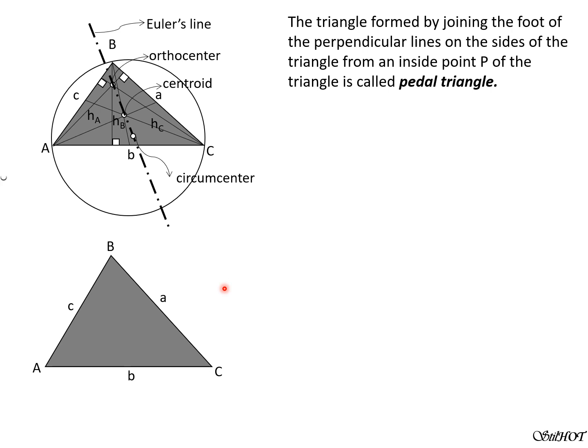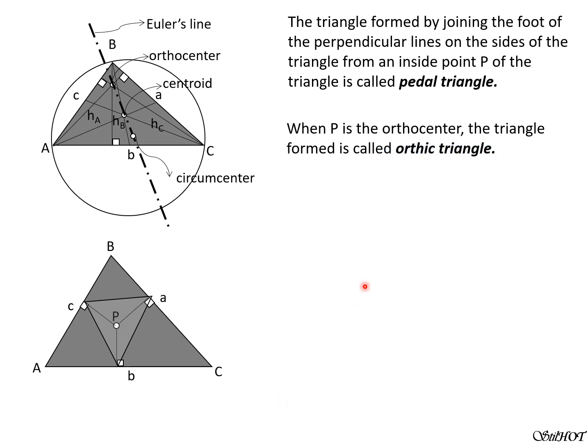That triangle is called the pedal triangle. So this is any chosen point P, and we draw from that P perpendiculars to the sides; a triangle is formed by joining the feet of these perpendiculars. We call that the pedal triangle.